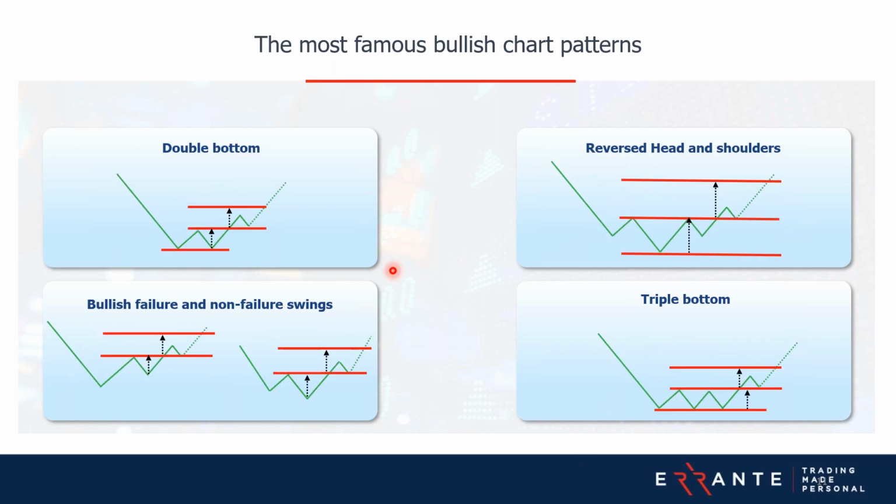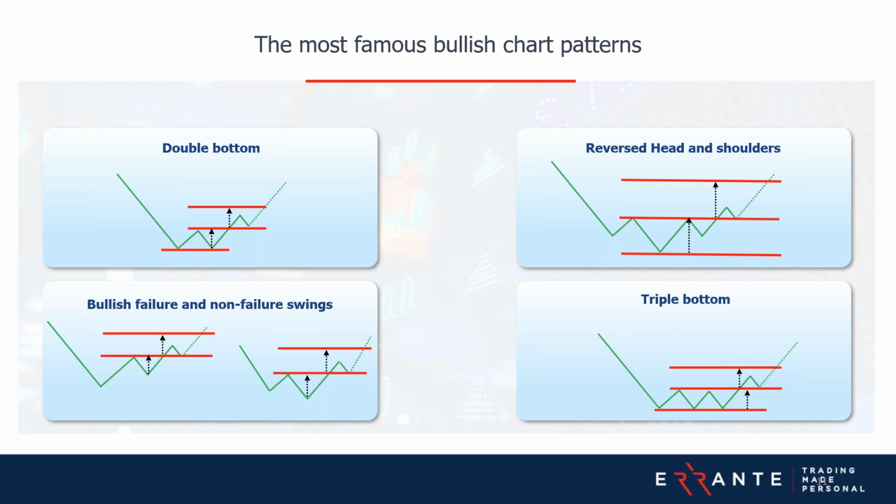Okay, we have the similar for the, let's say, famous bullish chart patterns here, as this slide presents an illustration of the most famous bullish reversal chart patterns. First, we have the double bottom pattern, then the reverse head and shoulders, and also bullish failure and non-failure swings.